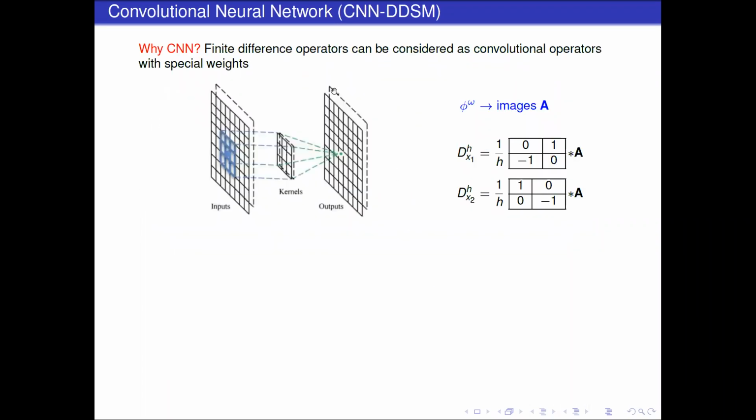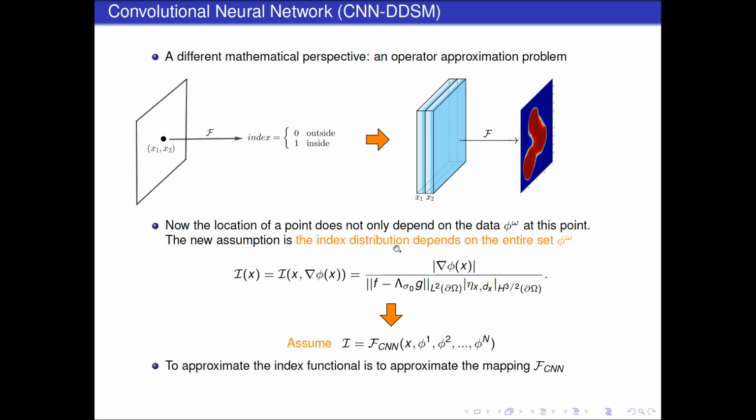In the discretized level, gradients are computed by finite difference operators, which are nothing but a special case of convolutional operators with some spatial weights. So in other words, if we consider one layer of convolutional neural network, we can recover this operator.